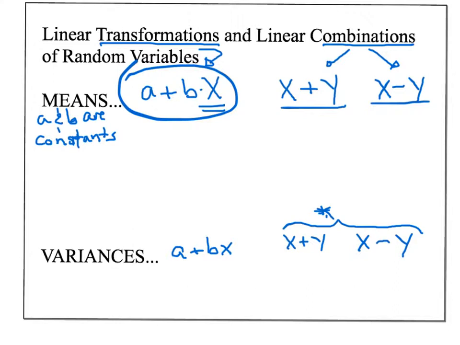Okay, so the means. The rules for the means are very straightforward and usually people don't have trouble. The mean of something that's been transformed is equal to a plus b times the mean of the original variable x.